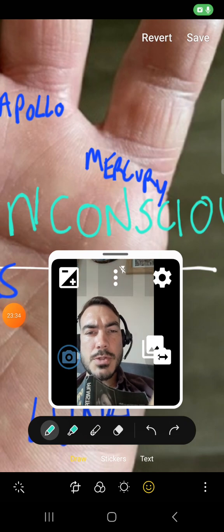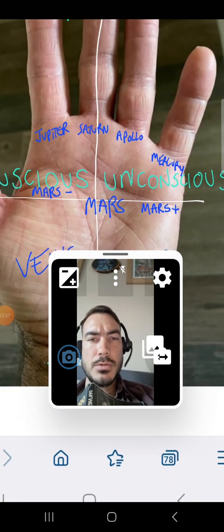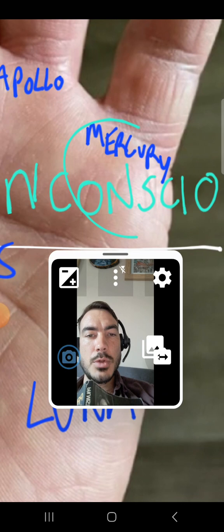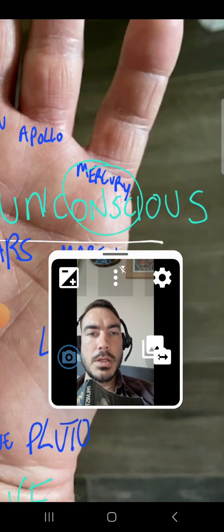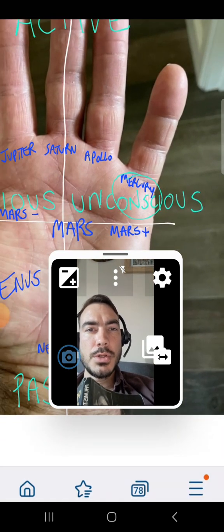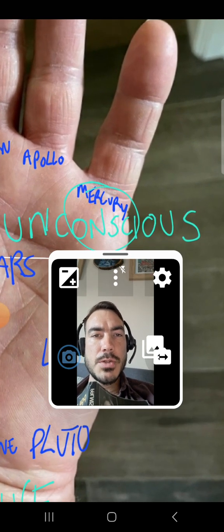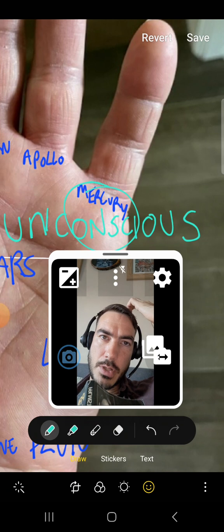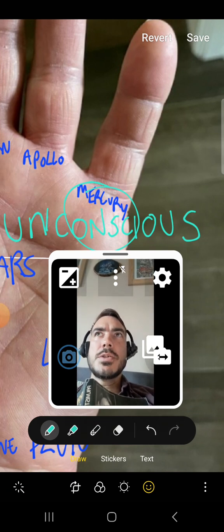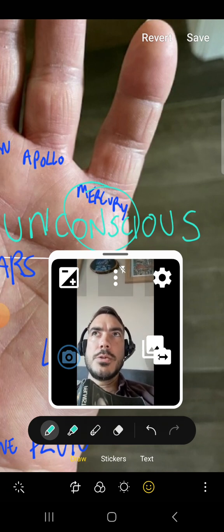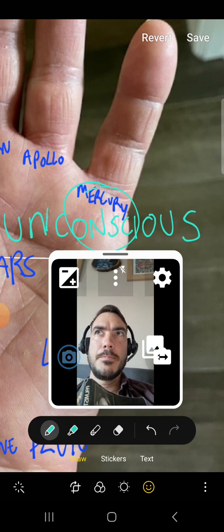So a person with a large or well-developed Mercury mount and a short Mercury finger is someone who operates on their instincts and intuition quickly and very well.